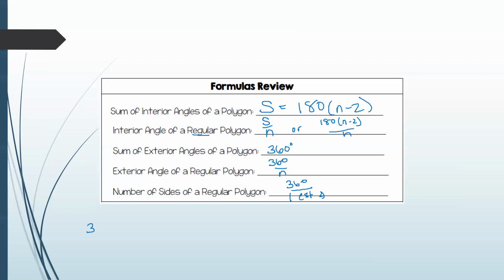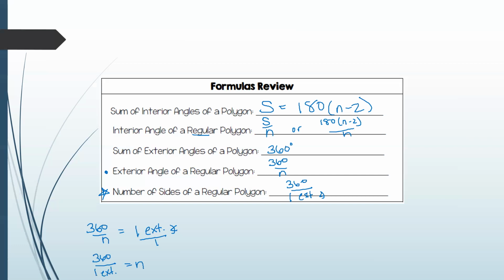Because if 360 divided by n is the measure of one exterior angle, then when I multiply both sides by n and divide by the one exterior angle, or cross multiply, that's where that 360 divided by that one exterior angle comes from. This is not one that you really need to memorize because you can get it knowing this equation, but it can be helpful if you know the shortcut.